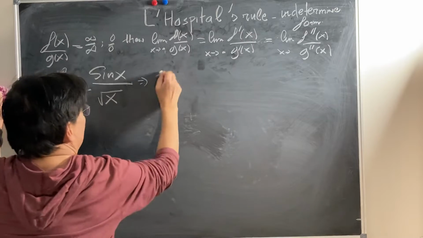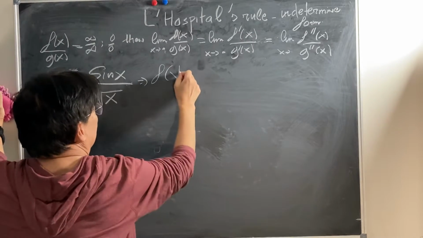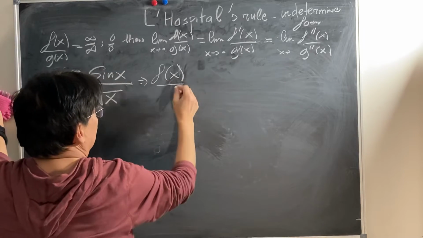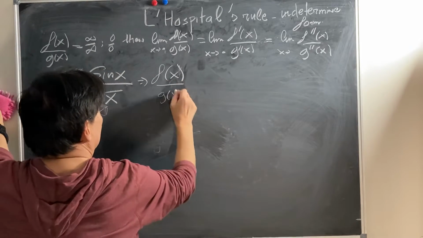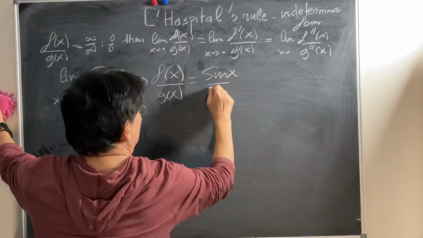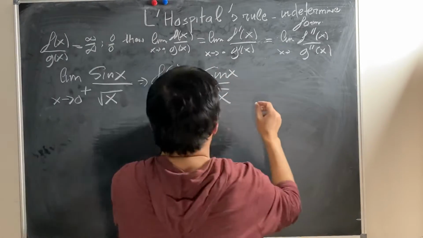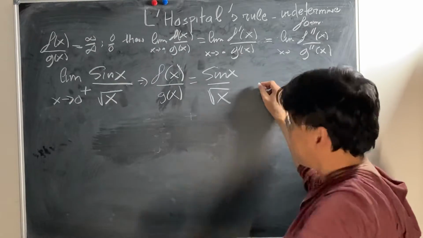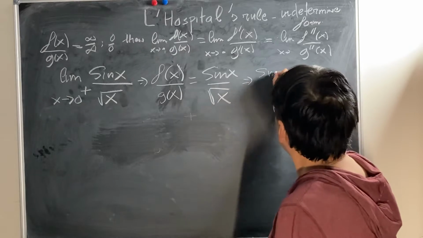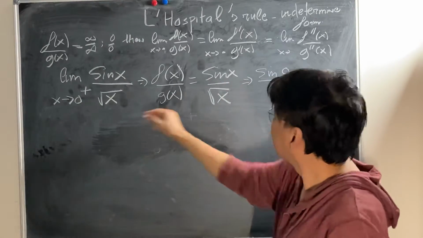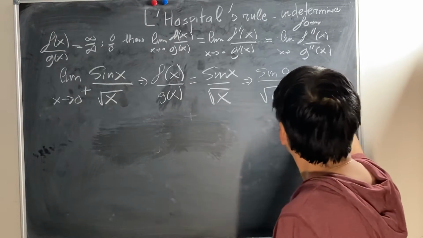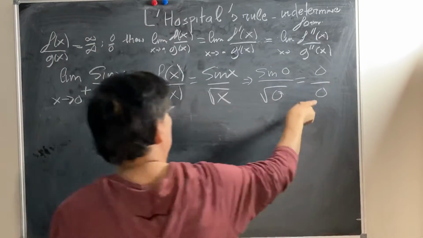In this case f(x) over g(x) equals sin x over square root of x. If you substitute 0 here, you have sine of 0 over square root of 0. Sine 0 is 0 and square root of 0 is 0. Then you have 0 over 0.